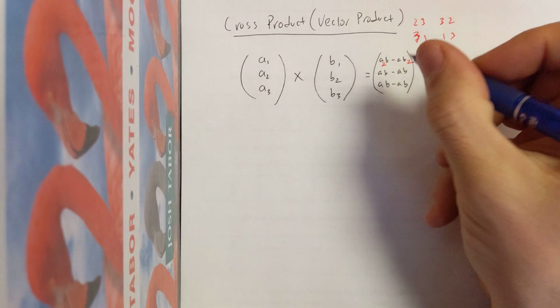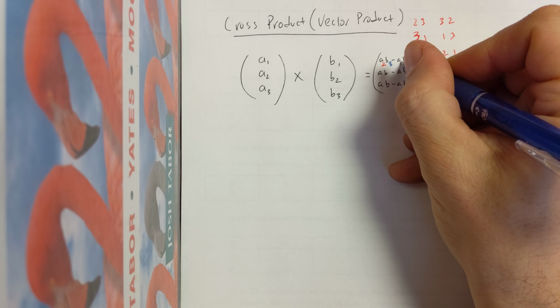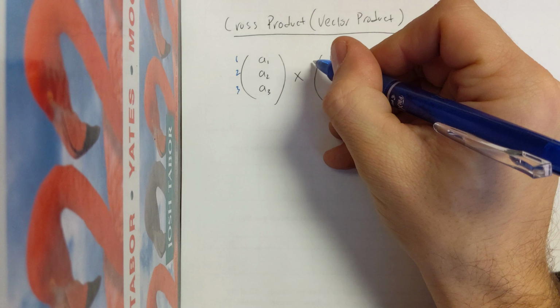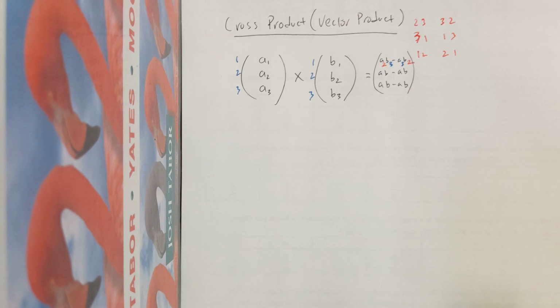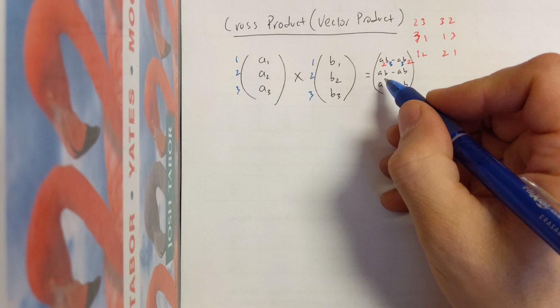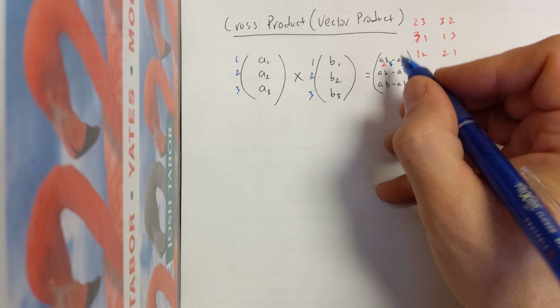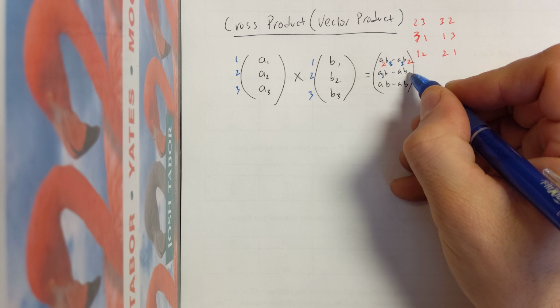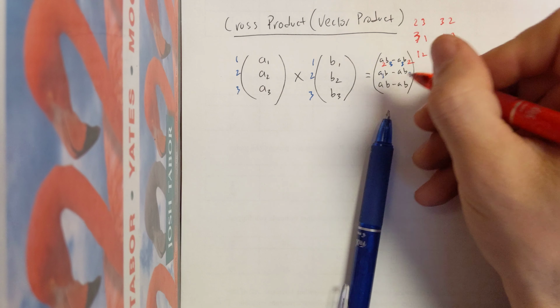So if I wrote those down, we could call these elements 1, 2, 3 and 1, 2, 3, and calculate across like that. Sorry, it's a little tiny; hopefully you can see that. Then after that, we'll have A3 times B1 minus A1 times B3.